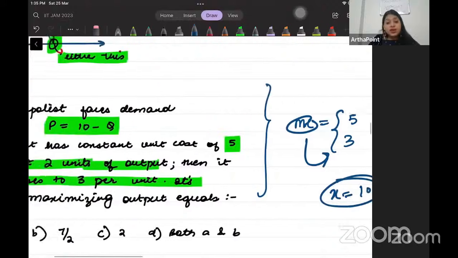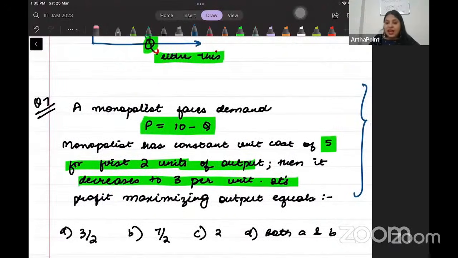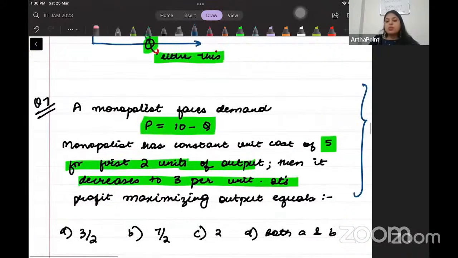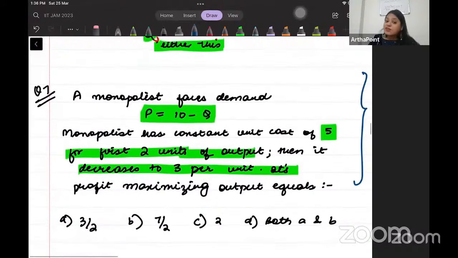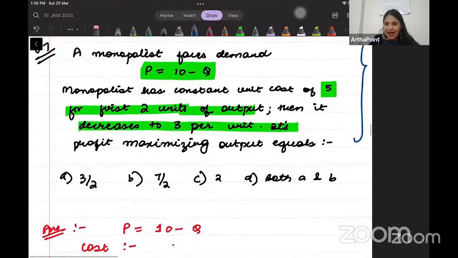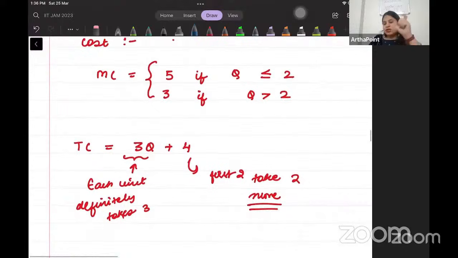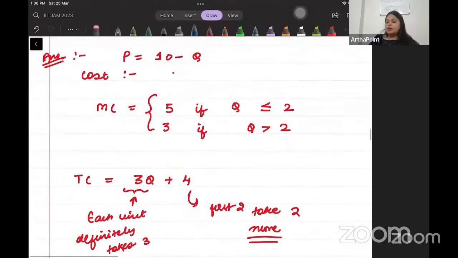No, the first 2 units will still have a marginal cost of 5. It does not mean that out of these 10, even the first 2 cost you 3. No. The question is saying the monopolist has constant unit cost of 5 for the first 2 units, which will remain intact. So in this case, I'm going to rewrite this in a slightly different way so that we understand it very well. So suppose I want to break this.